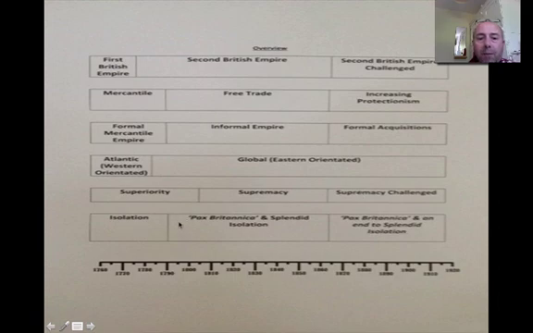Our final line. Britain down here until the end of the 18th century, I beg your pardon, is an isolationist country. The mercantile system makes Britain an isolated, insular economic system and country. However, from the end of the 18th century, Britain dominates the world, running it, policing it with her Royal Navy, and operates in splendid isolation.